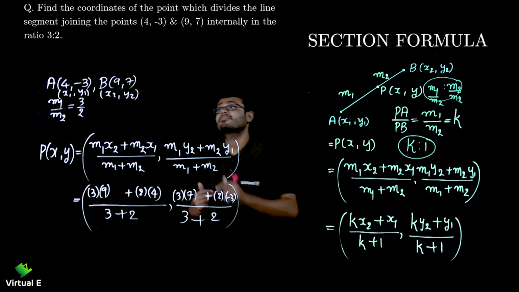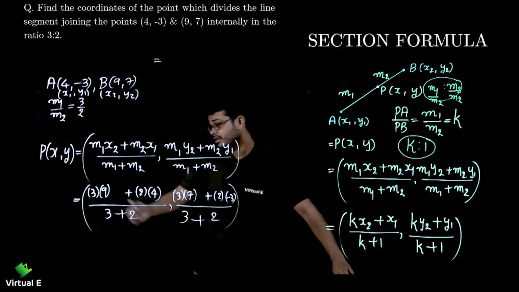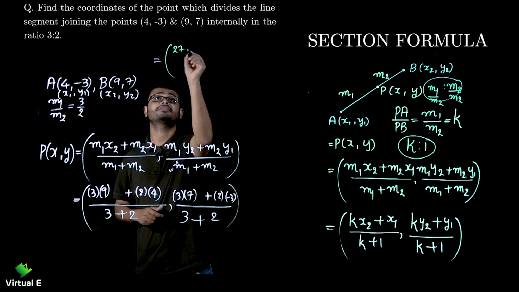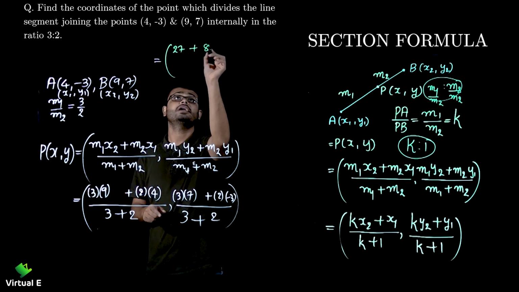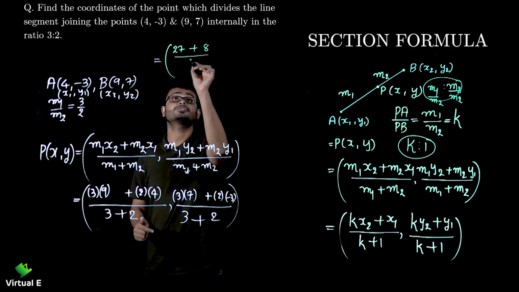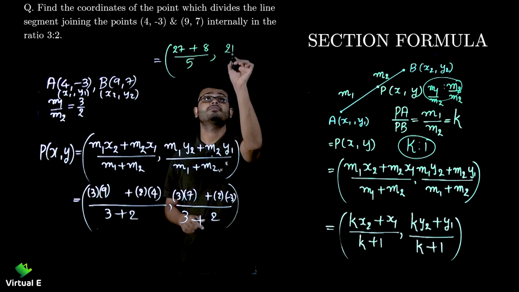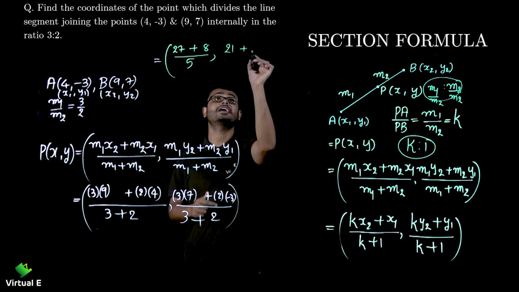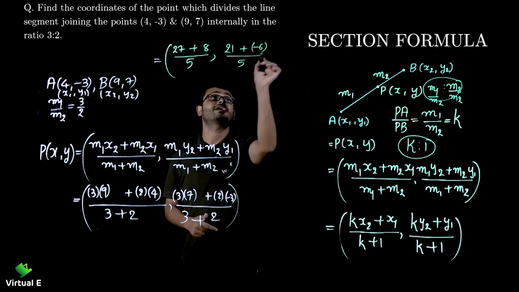So now let's simplify it. So here 3 9s are 27. So 27 here, plus then 2 4s are 8, and denominator 3 plus 2, 5. Done. 3 7s are 21, then plus, okay, here 2 3s are, and negative sign, -6 will come, then denominator 5 as well.